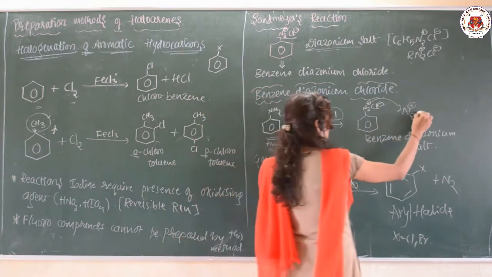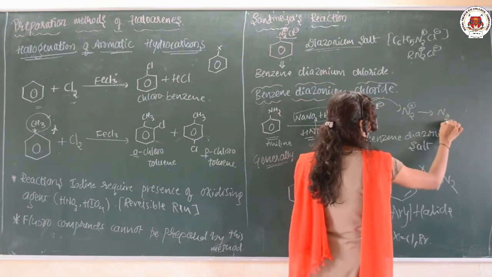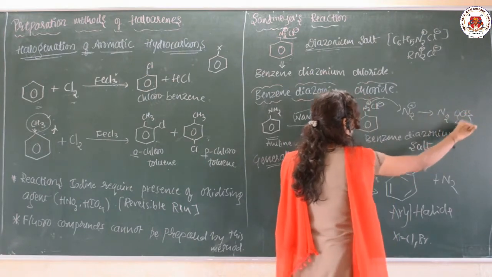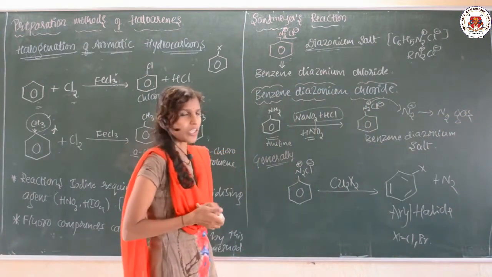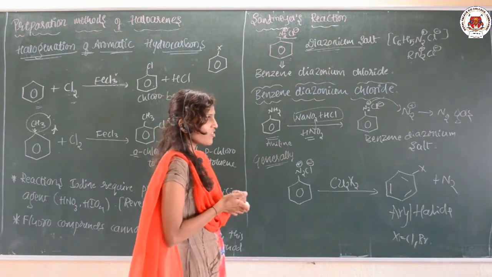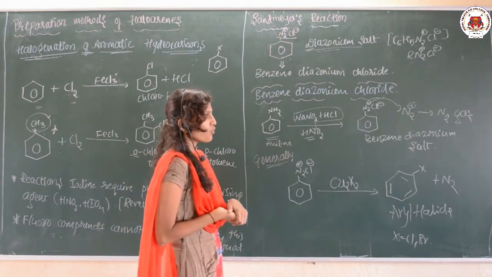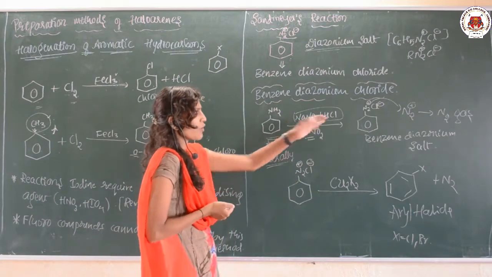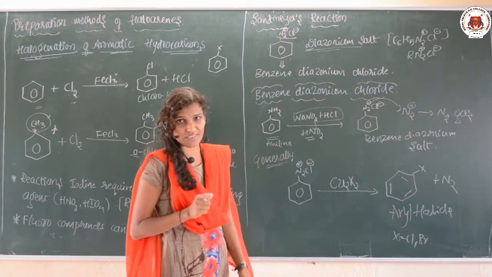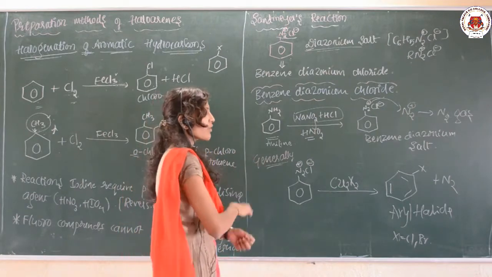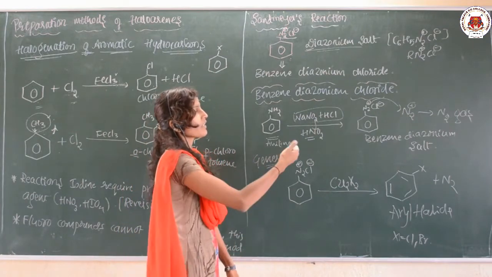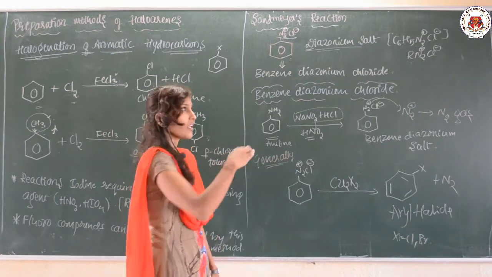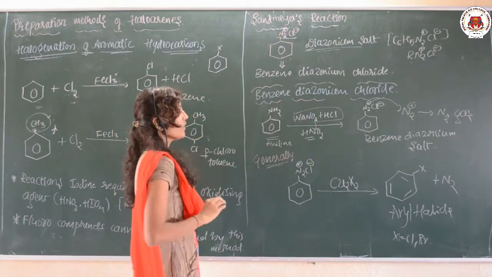It can easily escape as N2 gas, nitrogen gas. Just by using certain reagents, through intermediates, we can make N2 escape from here as N2 gas. Clear? So that's why we are taking the benzene diazonium salt as the reactant in the Sandmeyer's reaction.